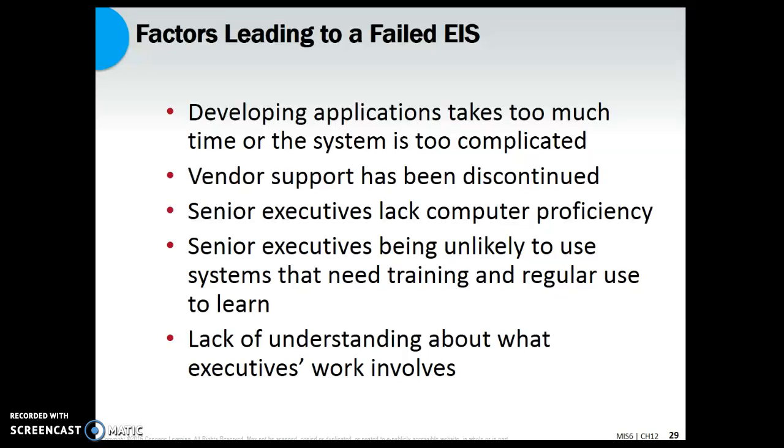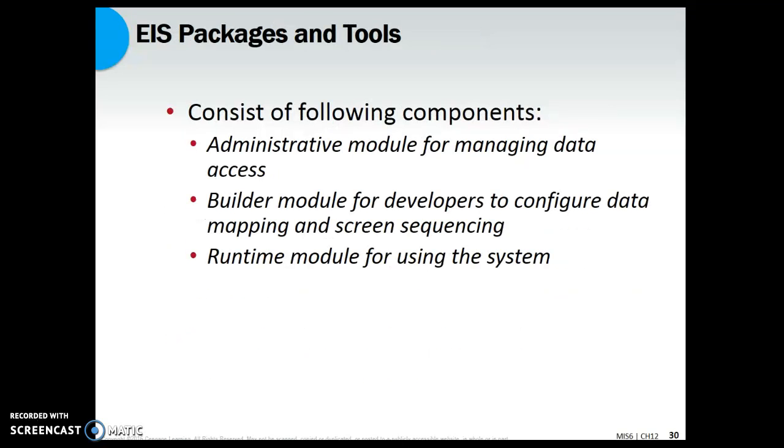Trying to develop an application that takes too much time and is too complicated. Vendor support has been discontinued. Executives don't have the computer proficiency to be able to use the EIS, and lack of understanding about how an EIS works.